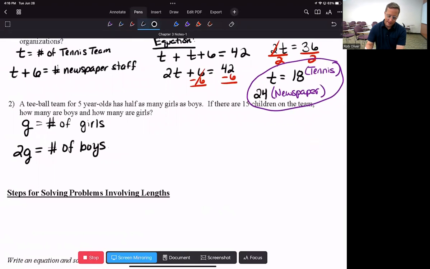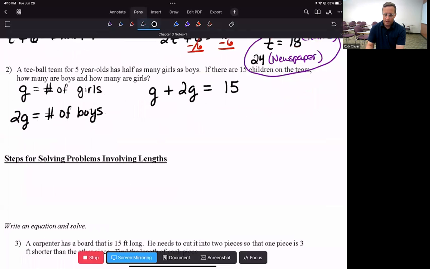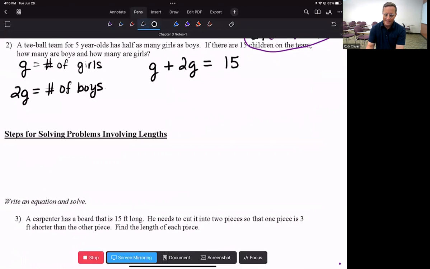So you got G, number of girls, plus 2G, number of boys, and then we know that that's 15. And now we're solving it. This is the easy part now. So you got 3G equals 15, divide that by 3, and there you go.